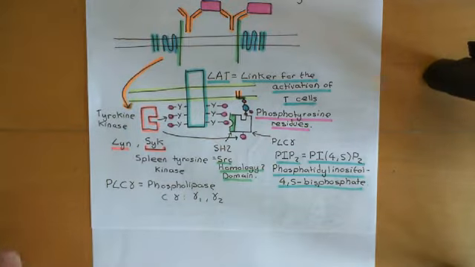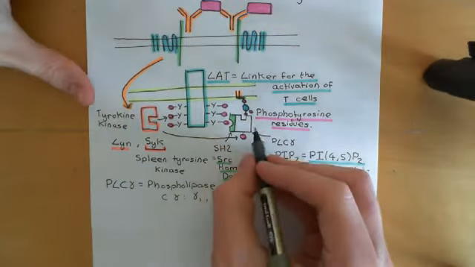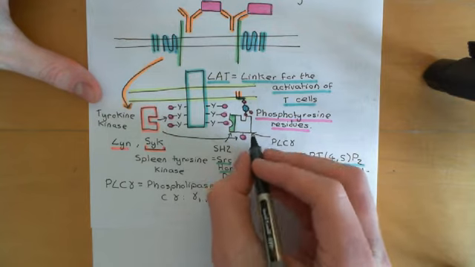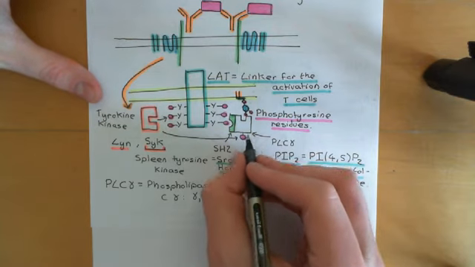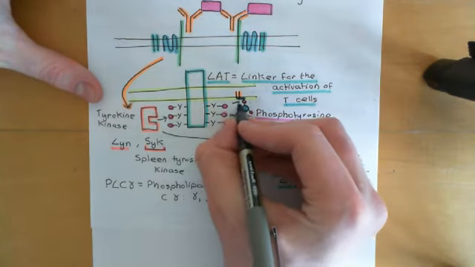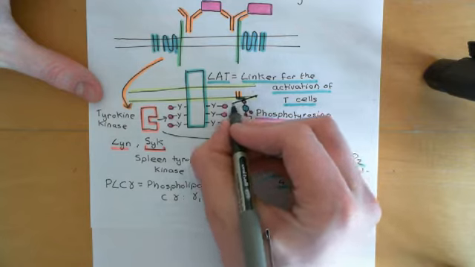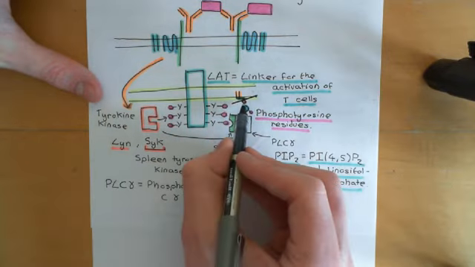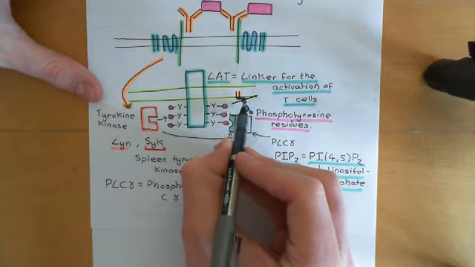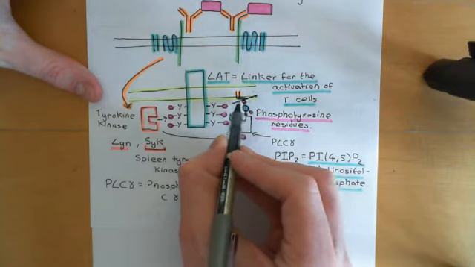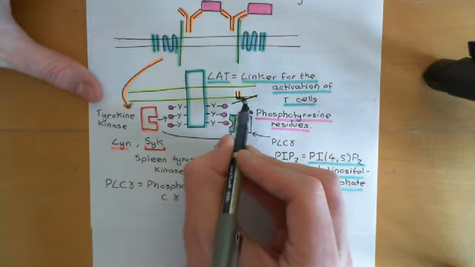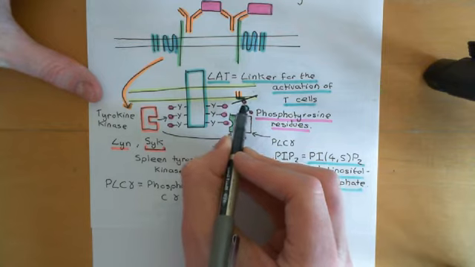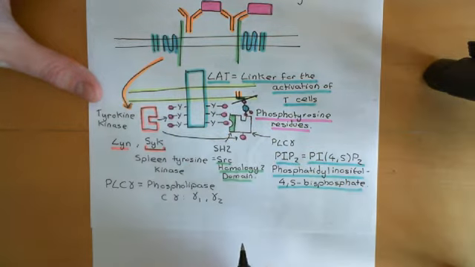Now what's going to happen is the phospholipase C gamma enzyme, like all phospholipase C enzymes, is going to break down PIP2 by cutting that bond there between the phosphate group here that comes off the 1st carbon of the inositol ring's alcohol group and the glycerol molecule, basically cutting that bond between the alcohol group of the 3rd carbon of the glycerol molecule and the phosphate group here, basically.